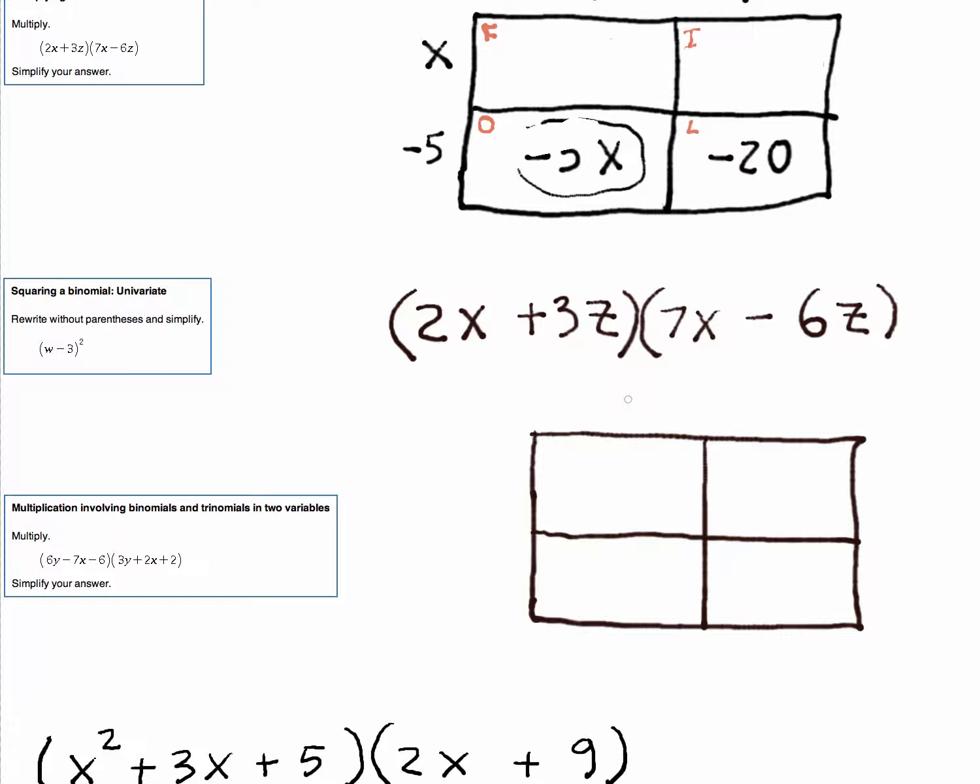So I'm going to put 2x and 3z for the lengths of these two lines. This line from here to here, and this line from here to here. Then here I'm going to put a 7x, and I'm going to put a minus 6z here.